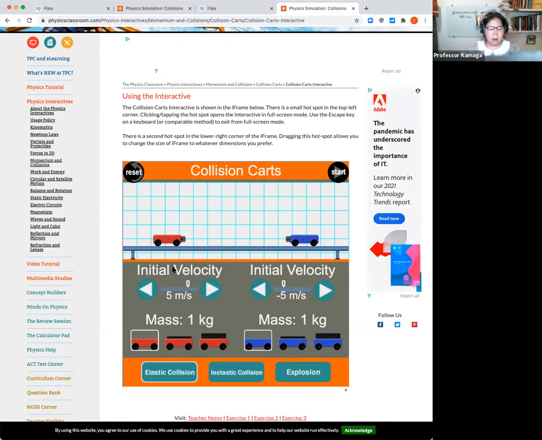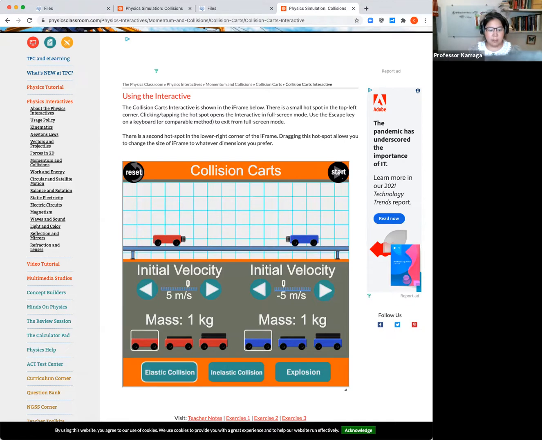The red card is approaching with the positive 5 meters per second, and the blue card is approaching with the negative 5 meters per second. And this negative means it's just moving in the opposite direction to the red card that's coming towards the blue. So blue is moving towards the red, and red is moving towards blue.